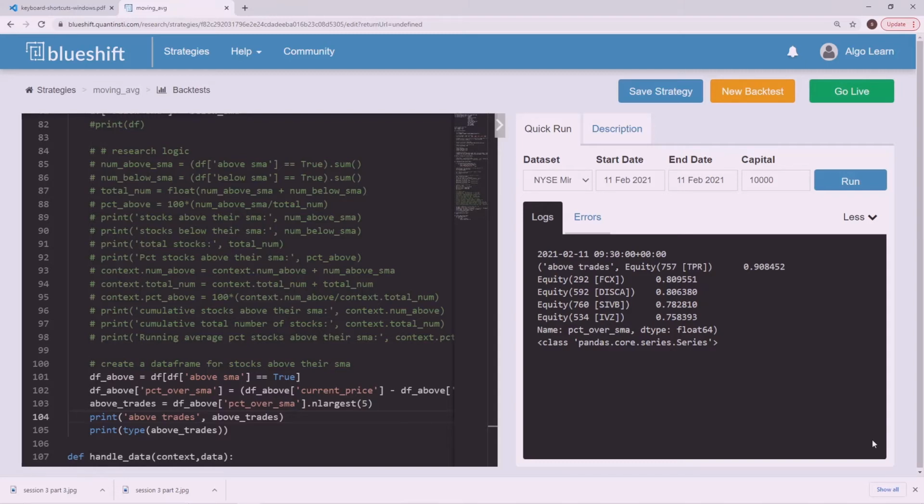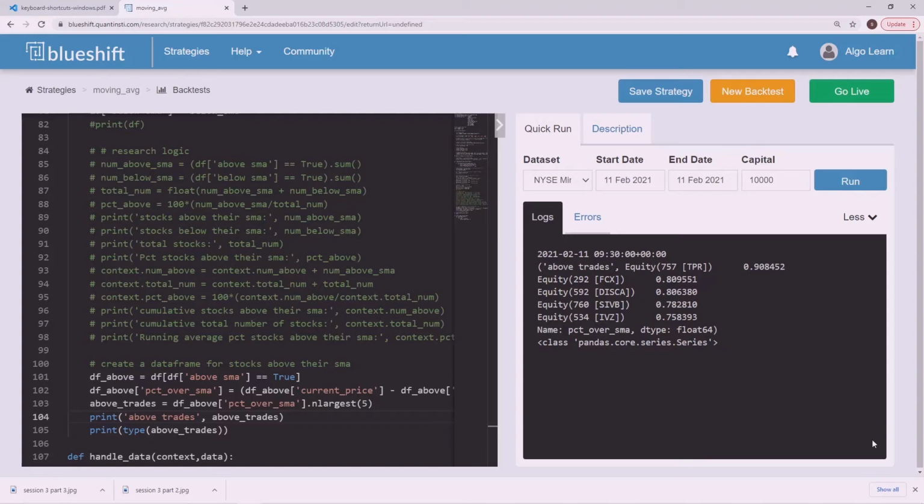And so we can see the first one is almost 91% above its 200 moving day average. And so these are the 5 positions that we're actually going to sell short. And we'll go ahead and code the trades in just a second.